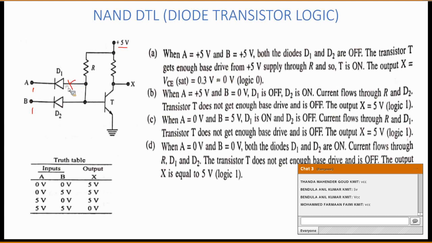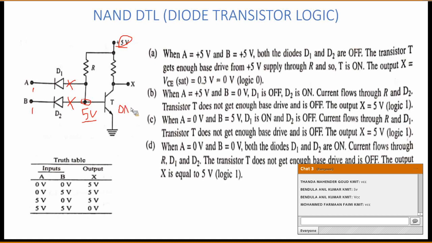Both will act as an open-circuited path, so no conduction takes place through the diodes D1 and D2. The total VCC, 5 volts, is available at this junction, which is far more than 0.7 volts. We want only 0.7 volts, but we have 5 volts, so the transistor will easily move into the on state.